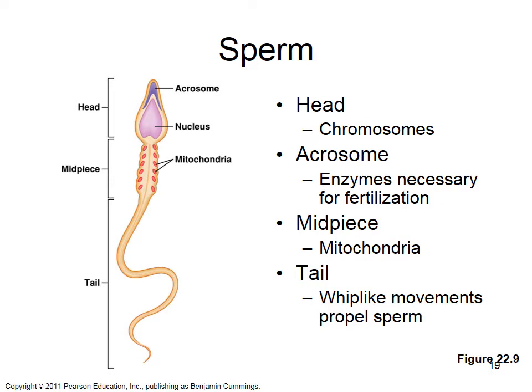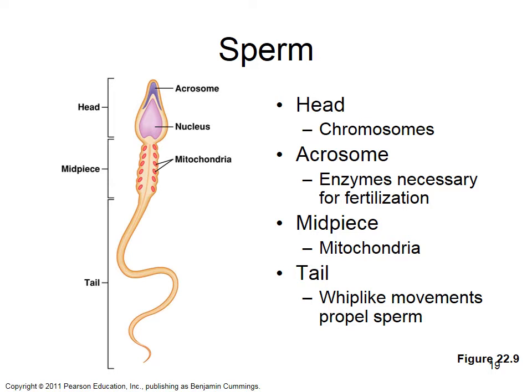In the midpiece we have a whole bunch of mitochondria, but those stay with the sperm even after fertilization. So all the mitochondria in the zygote and in you came from your mother. Because mitochondria have their own DNA and replicate themselves. So you didn't get any mitochondria from your father. You only got mitochondria from your mother. The midpiece is filled with those mitochondria to provide ATP to the flagella.